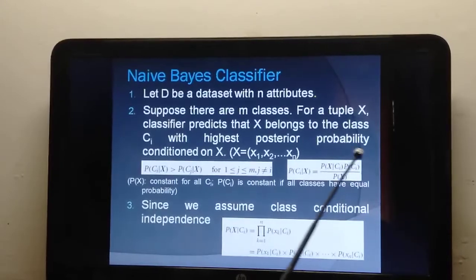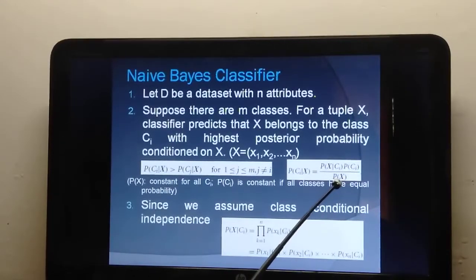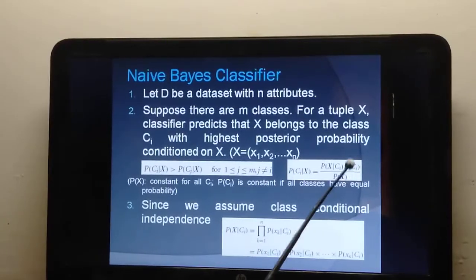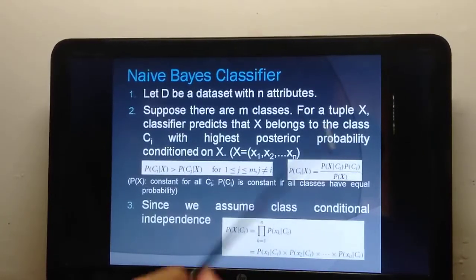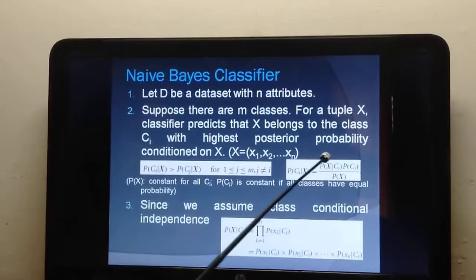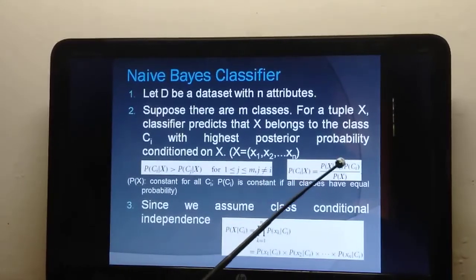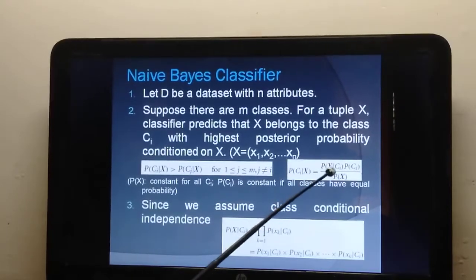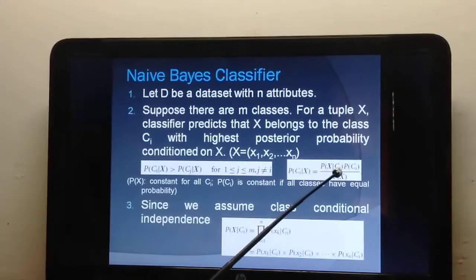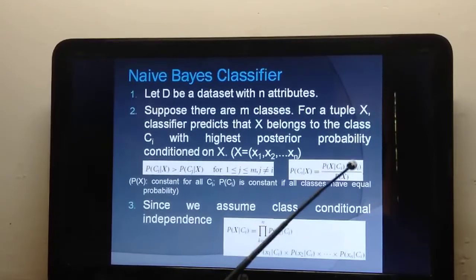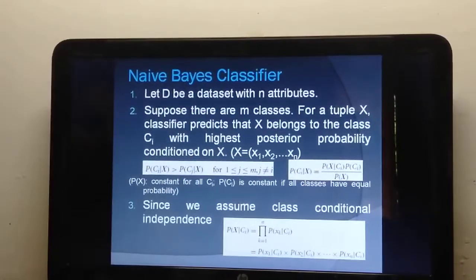So, this is what we have to maximize. Since P of X is common, that we are not looking at. If we maximize the numerator, automatically the value will be greater. So, this is what we are looking at, the numerator of probability of class Ci given X. So, when we do this, we have already got the value of probability of X given class. That is multiplied by the probability of each class, and then whichever is higher, that is our class.